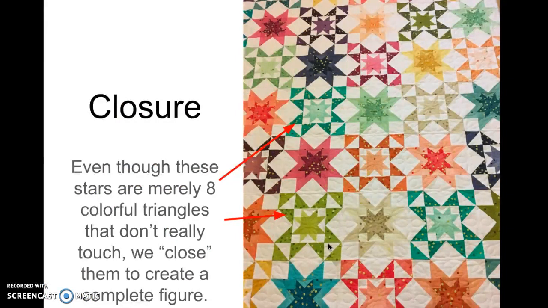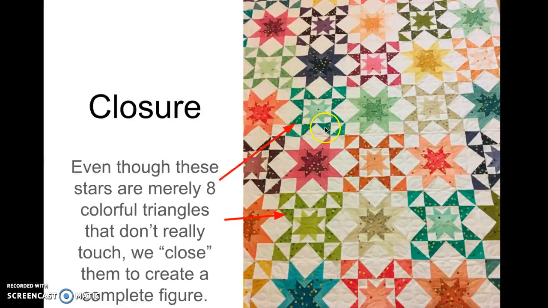And closure is a Gestalt grouping principle where things don't even have to be touching for us to mentally organize or group them together into a whole object. Closure just refers to the fact that, okay, if different pieces of a thing are separated and not touching, we can mentally close them in to create a full and complete image. So you're seeing that in kind of, not these blocks because those are full-on star blocks that are actually closed.